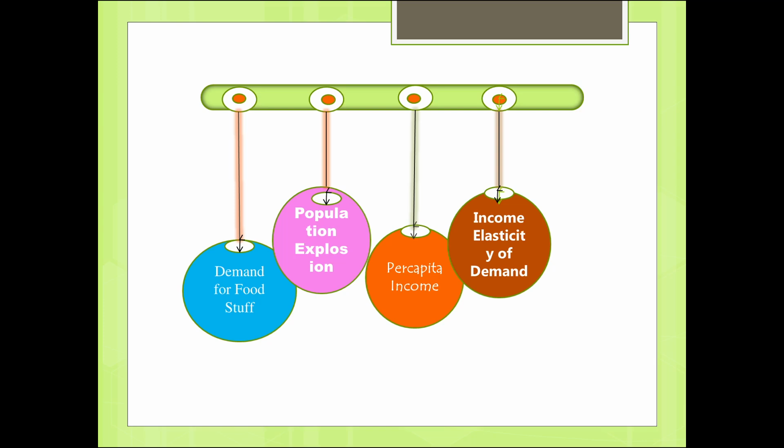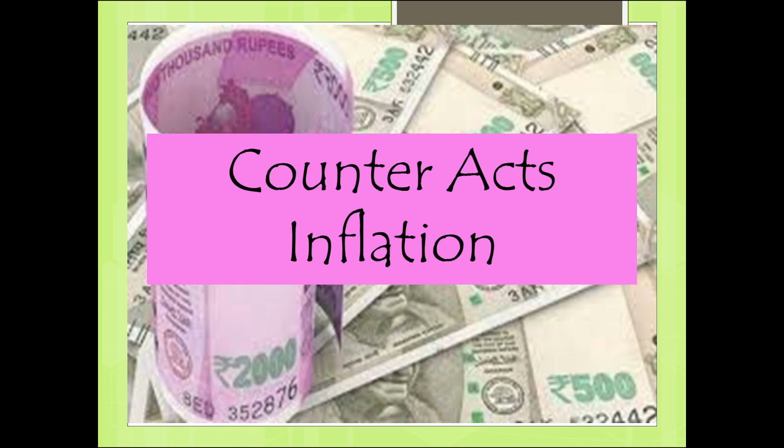So this is the first role of agriculture. On the road from underdevelopment to development, there is demand for foodstuff because of these three reasons. It is evident that the role of agriculture is very important for any underdeveloped or developing economy.